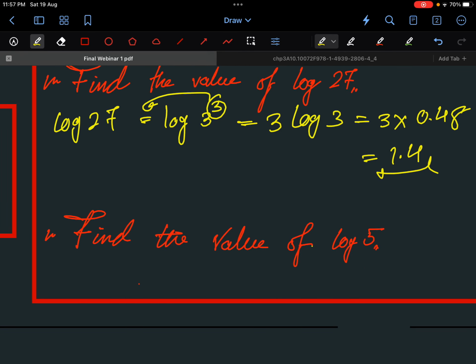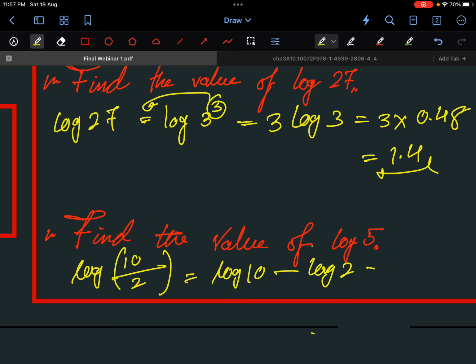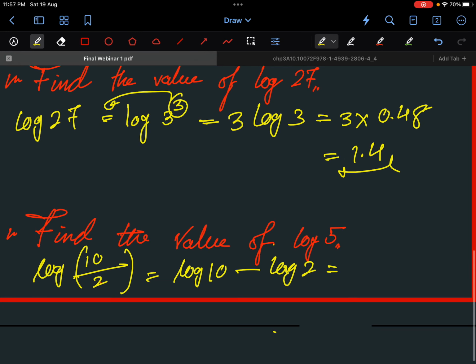Log 5, again, if you don't remember log 5, no issues. Log 5 can be written as 10 by 2, right? 10 divided by 2 is 5. Then again, using the log properties, log 10 minus log 2. I think by now you have got the hang of it. Log 10 is 1 minus log 2 is 0.3, and it is approximately 0.7, or you can also say 0.69.